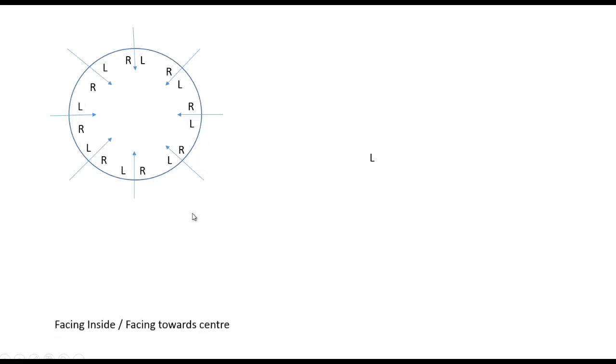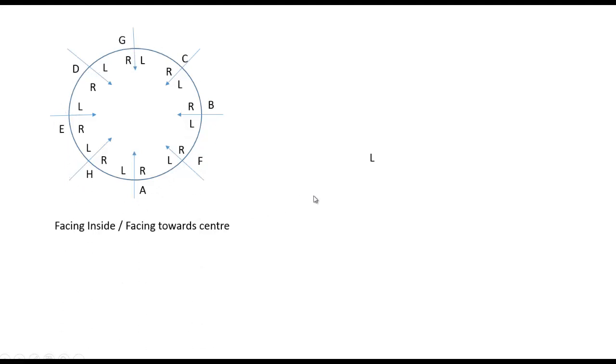So if the persons are facing inside or facing towards the center, then their left hand side will be in the clockwise direction and the right hand side will be in the anti-clockwise direction. Suppose the people are sitting facing outside, it means away from the center.